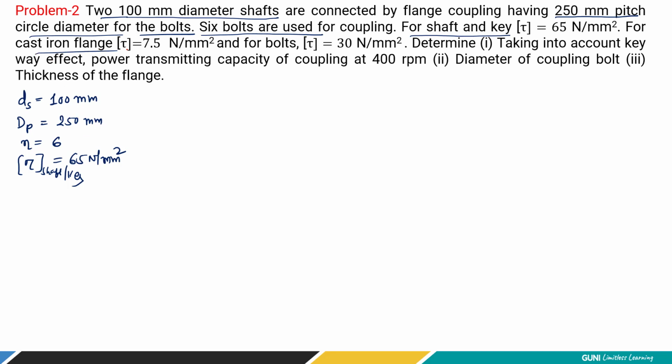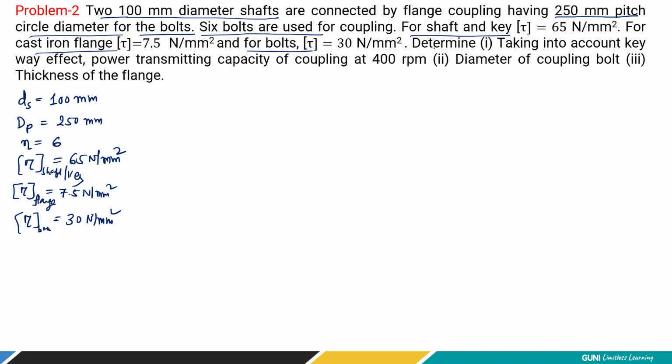And for the cast iron flange, it is given separately. If you are verifying the flange dimension, then we have to use this shear stress value, which is 7.5 Newton per millimeter square, right? For the bolt, it is 30 Newton per millimeter square, right?